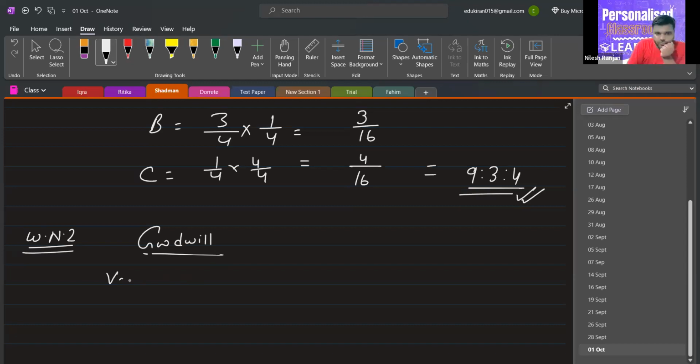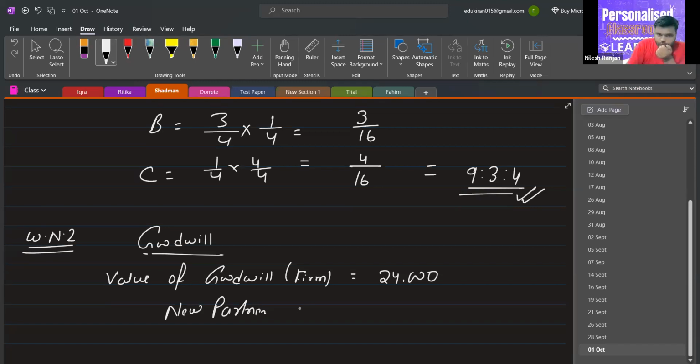The value of goodwill for the firm, or firm's goodwill, is 24,000, and the new partner's share, you can say contribution, will be 24,000 into 1/4. It will be 6,000.